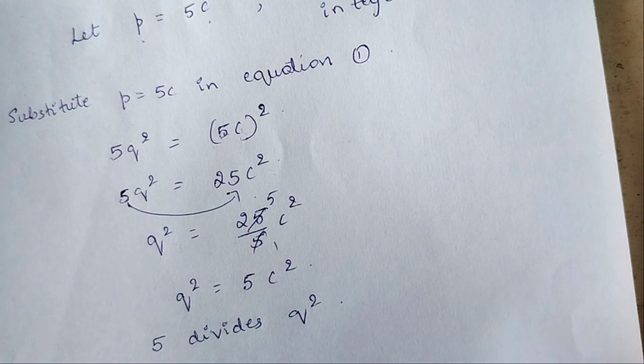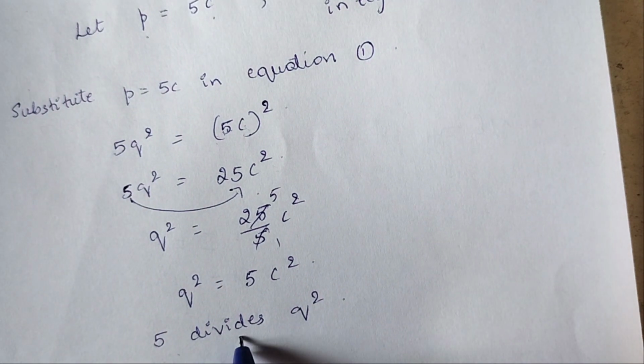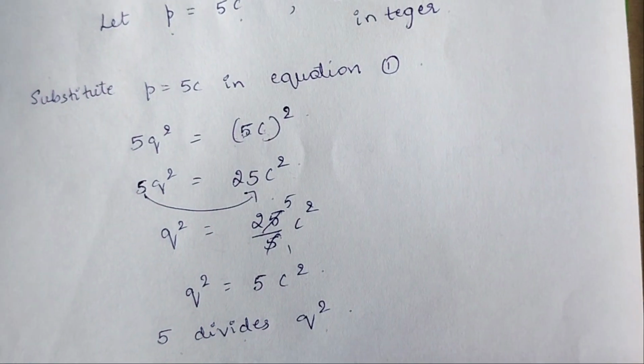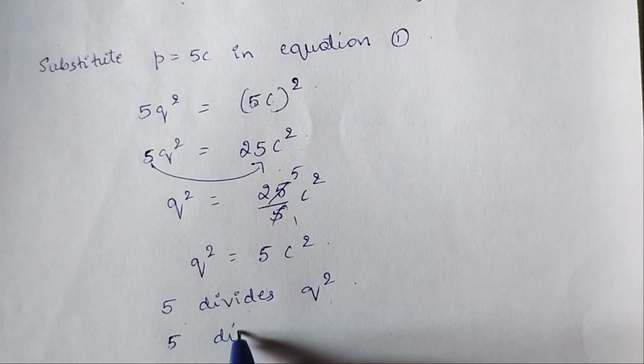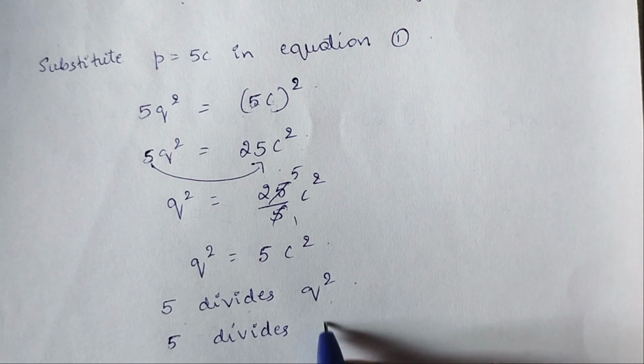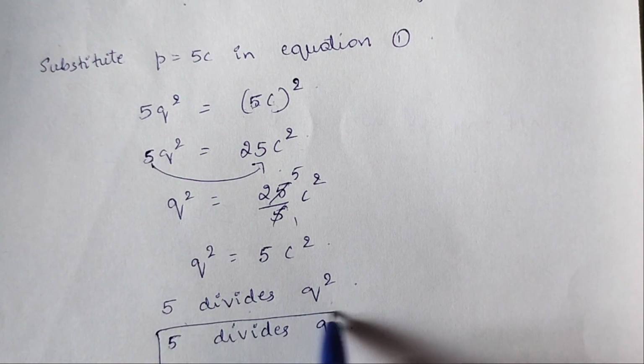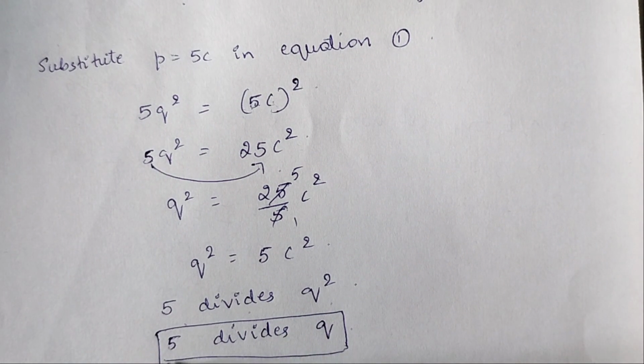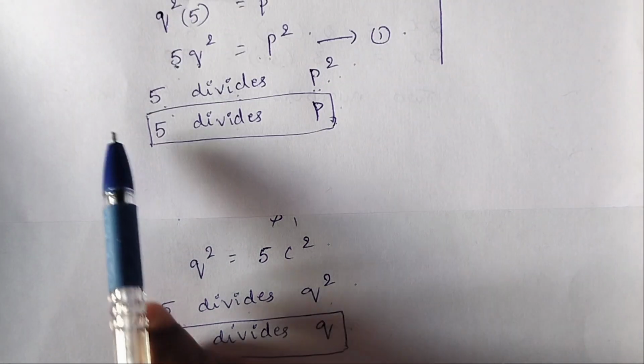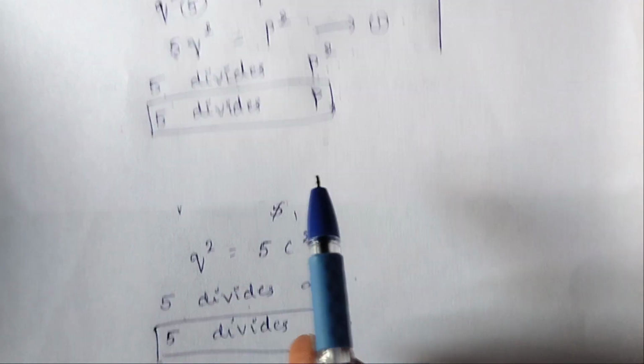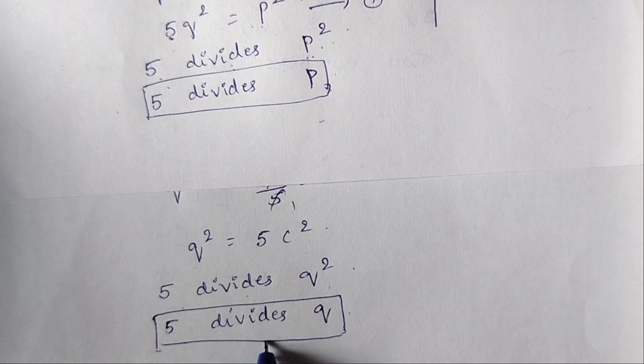Based on the theorem, if 5 divides q square, I can write this as 5 divides q. This is my second important statement. The first important statement was 5 divides p. The second important statement I got here is 5 divides q.